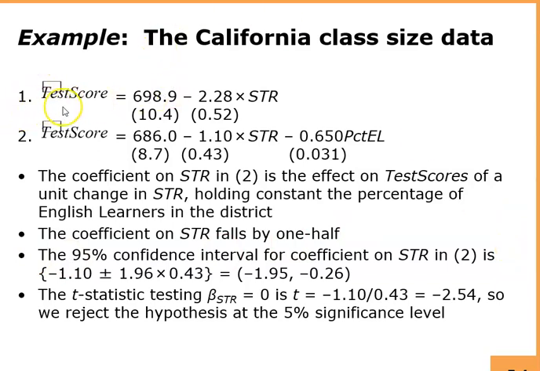So in the first equation there's only one regressor, which is the student-teacher ratio. In the second equation there are two regressors, the student-teacher ratio and also the percentage of English learners in the classroom, and obviously our dependent variable remains the same as from the previous lectures, which is test scores.